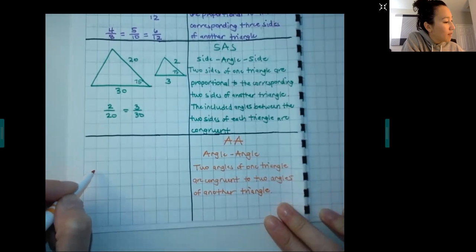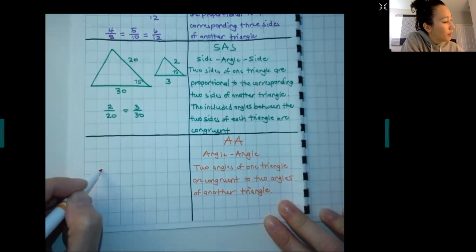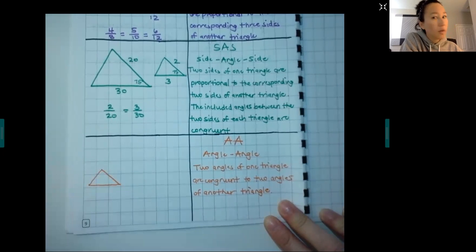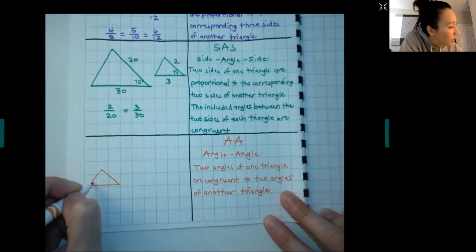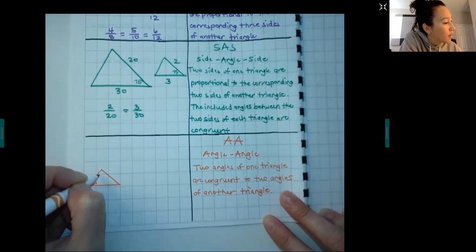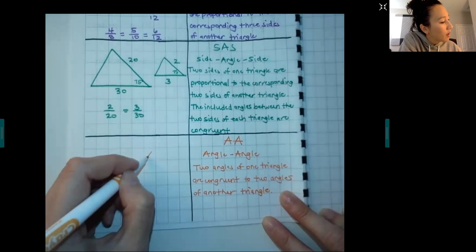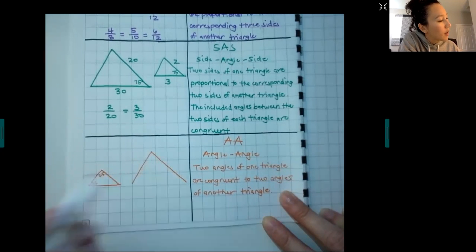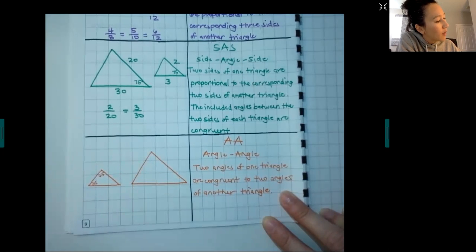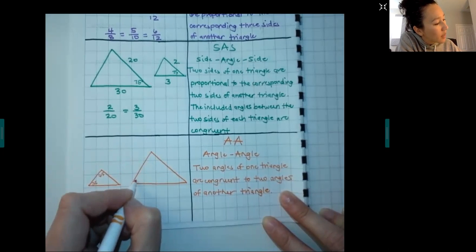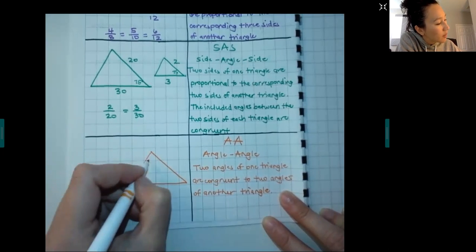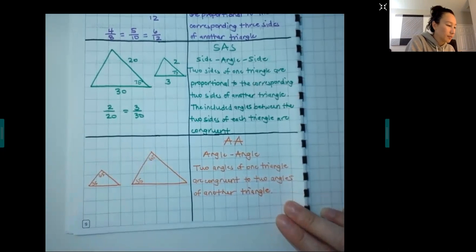So say we have a small triangle. This angle is 35 and this angle is 65. We have a larger triangle where this same angle is 35 and this same angle is 65.